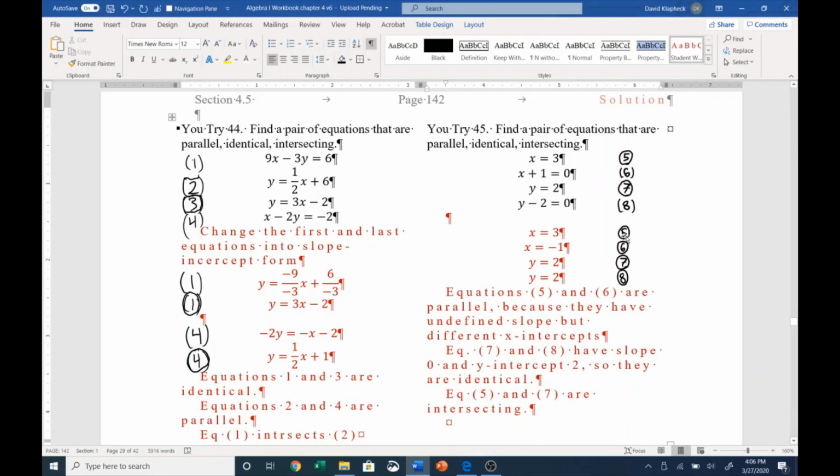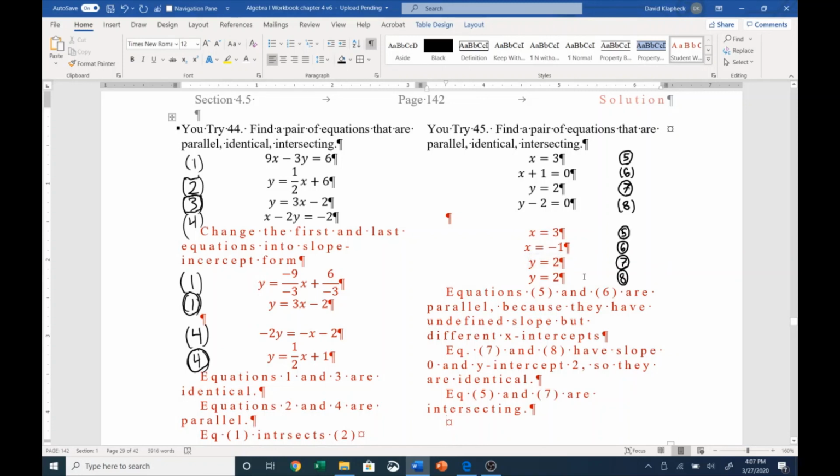Here, I solved each equation for the variable. Then I noticed that equations 5 and 6 were parallel to each other because they had undefined slope. They're both vertical lines, and they also have different intercepts.